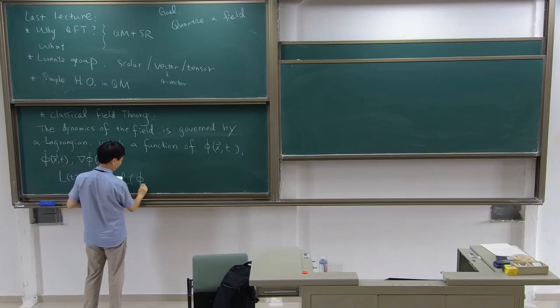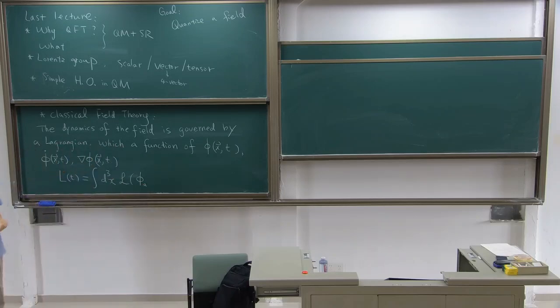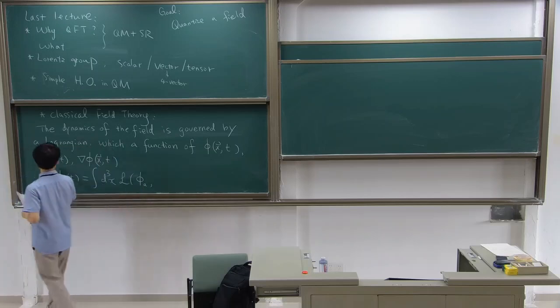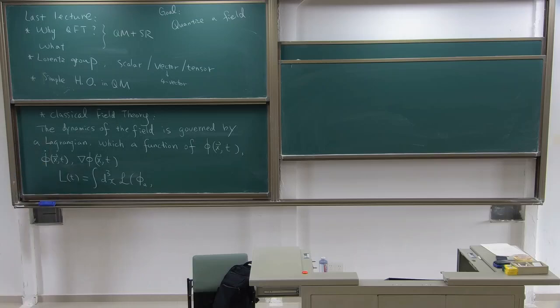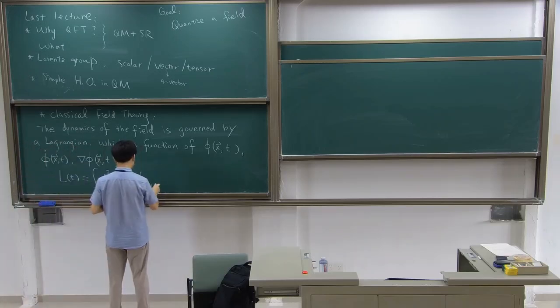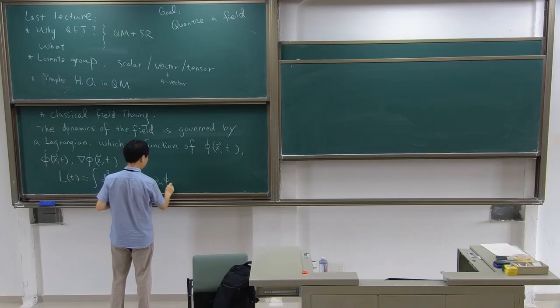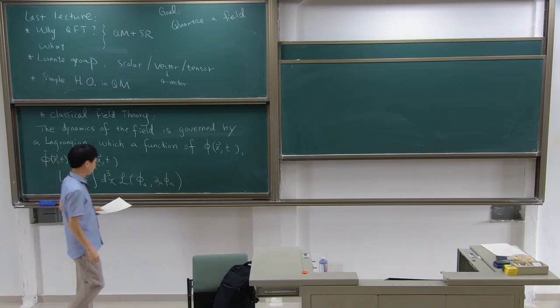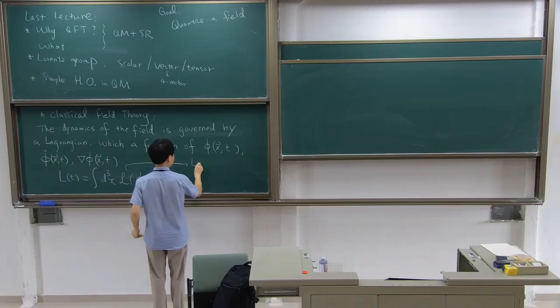You can have multiple fields, and we might use an additional index to label different fields. In the same sense, it could also depend on the derivatives of phi, including the time and the space derivatives. So, abbreviating the index, you can systematically write it in this way, depending on these two objects. So this is something called the Lagrange density.